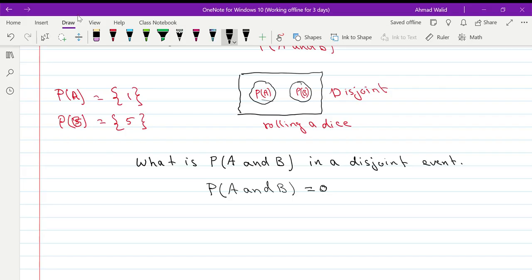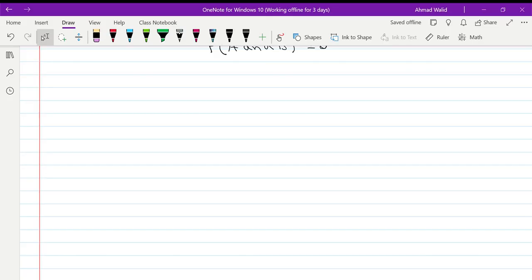And the formula that I just put for you a few minutes ago, which is your addition formula, P of A or B equals P of A plus P of B minus probability of A and B. Remember two things.